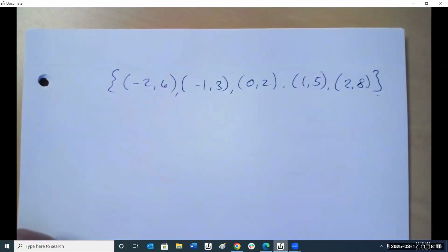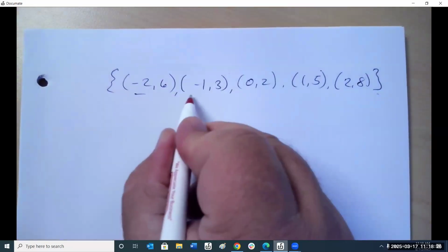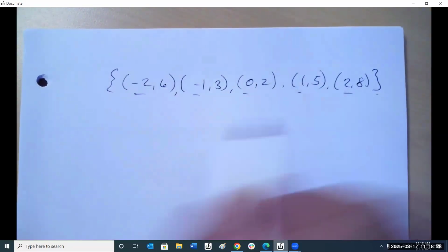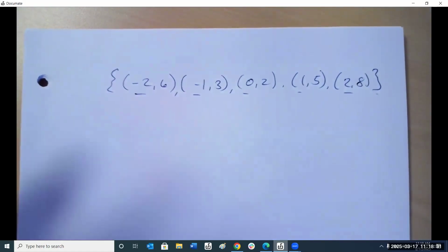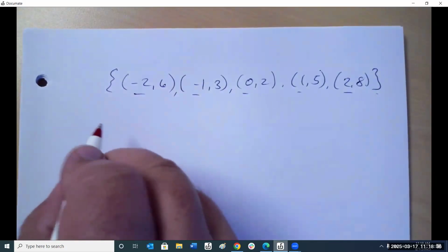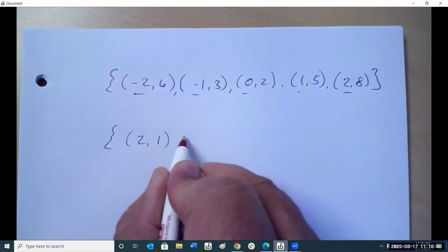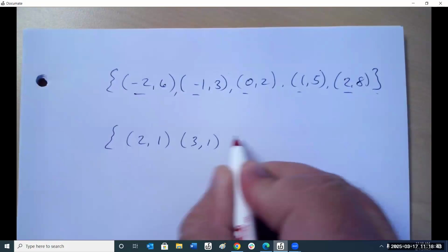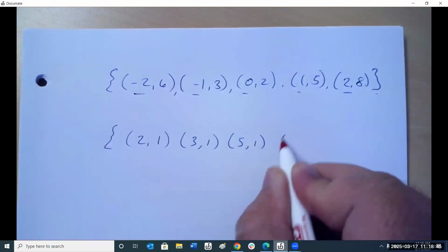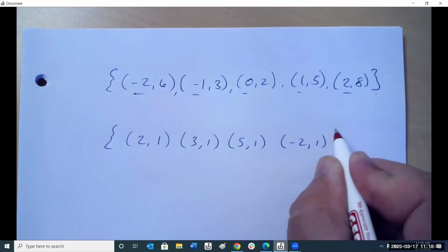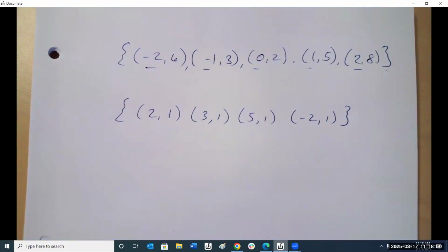Is that one-to-one? What did you use to determine that? All the X values are different. If the X values are different, automatically it's one-to-one. Automatically. Is that one-to-one?